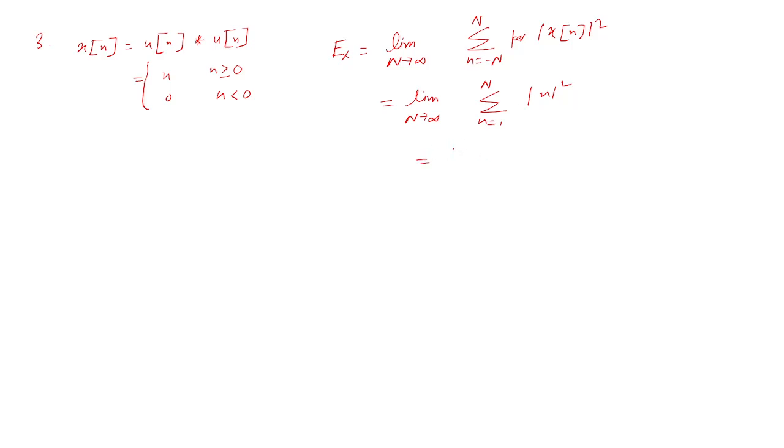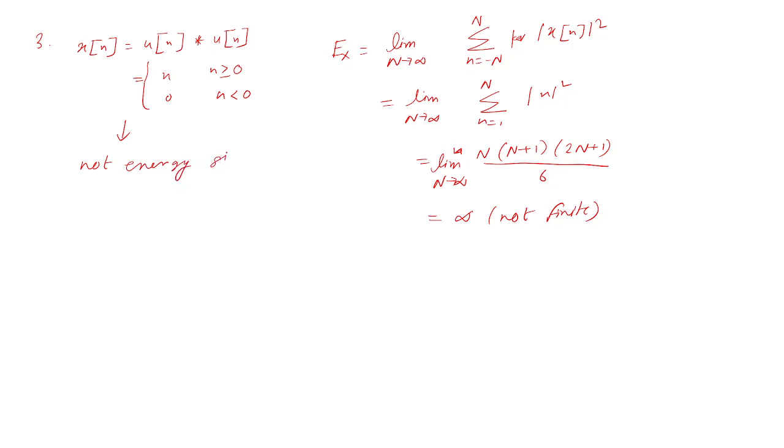It results into capital N times capital N plus 1 times 2N plus 1 over 6 when N tends to infinity. Therefore, the result is not finite, so this function is not an energy signal.